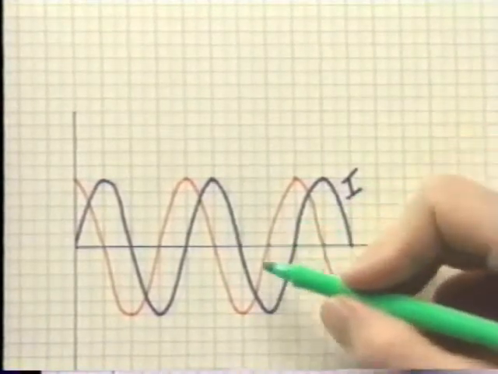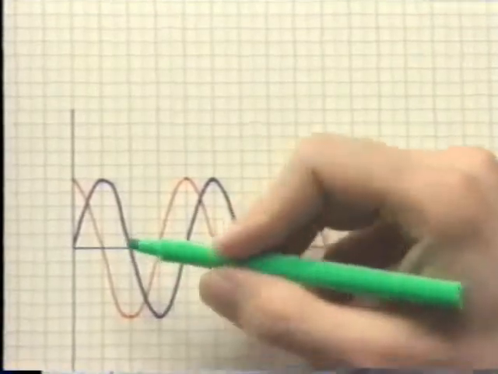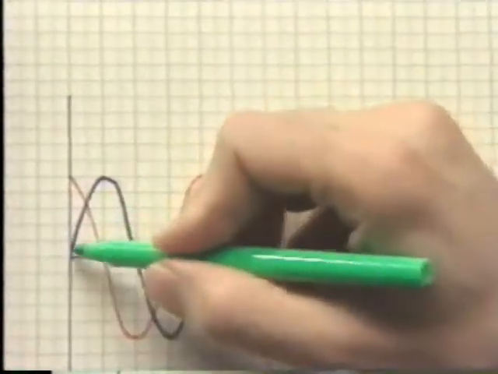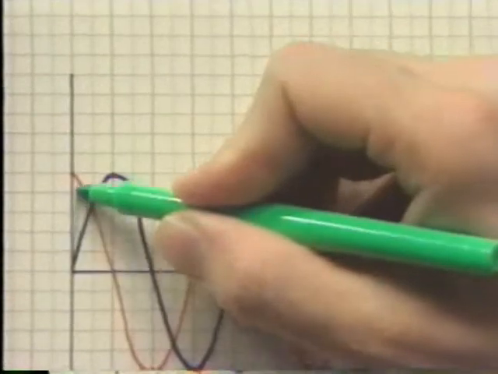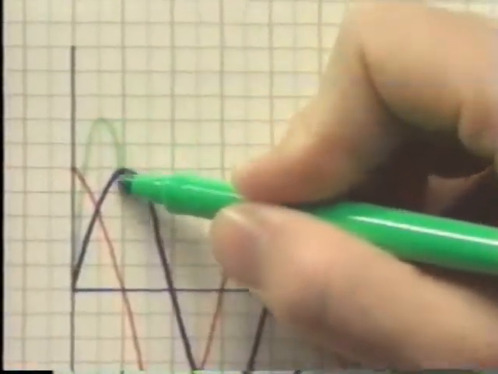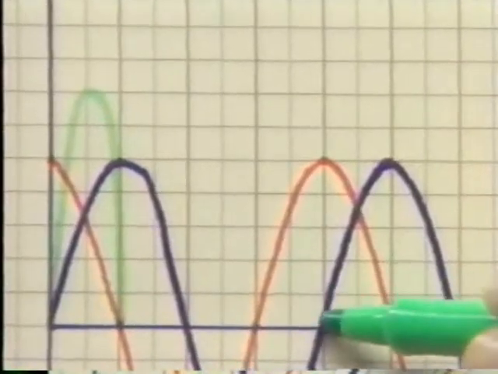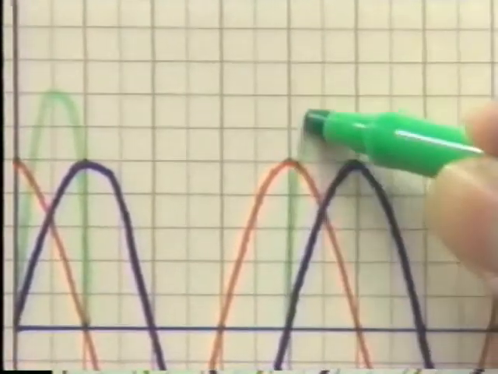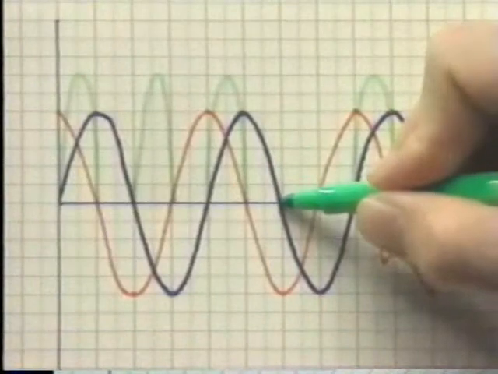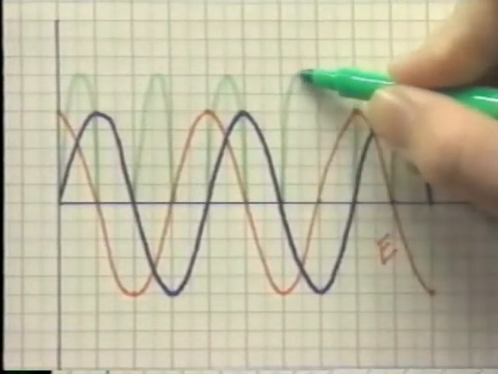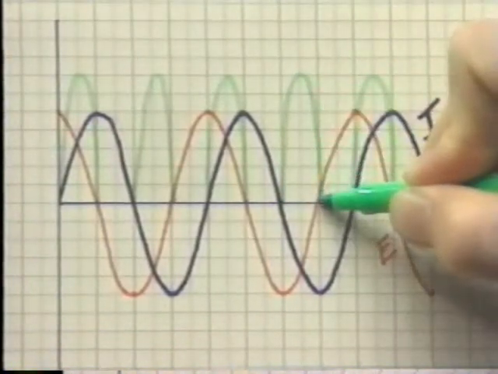Looking at this graph, showing voltage and current 90 degrees out of phase, you can see that multiplying a positive voltage by a positive current results in a positive power curve. A positive power curve means that power is being delivered by the source to the load. A positive power curve will also result after multiplying two negative quantities.